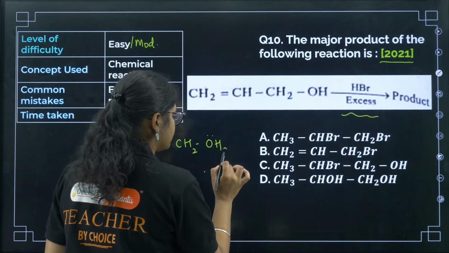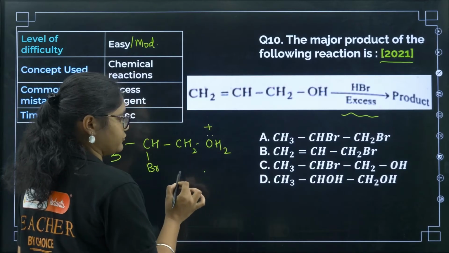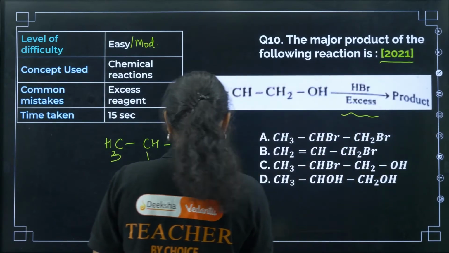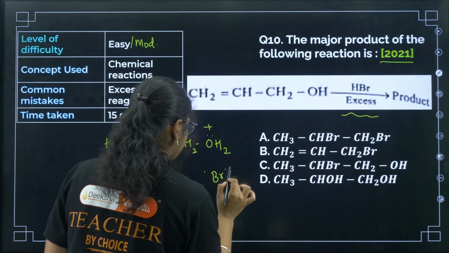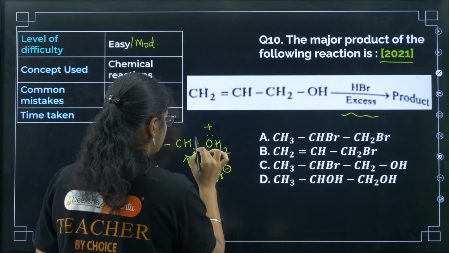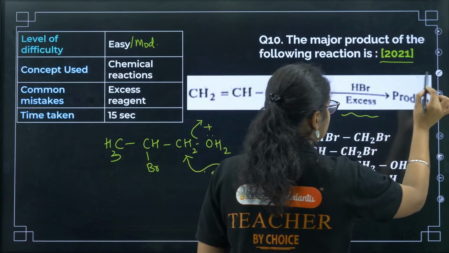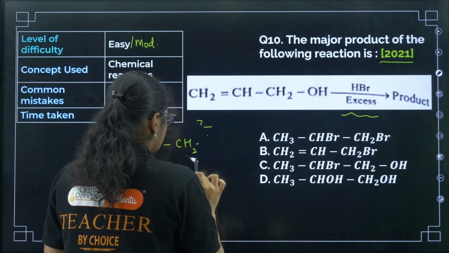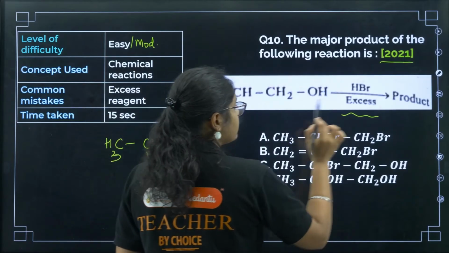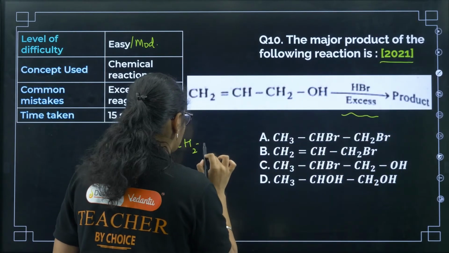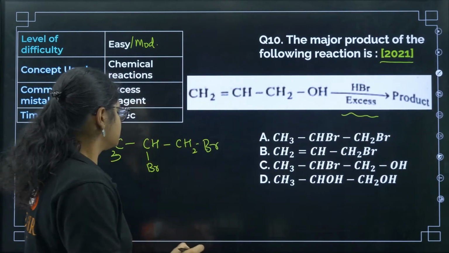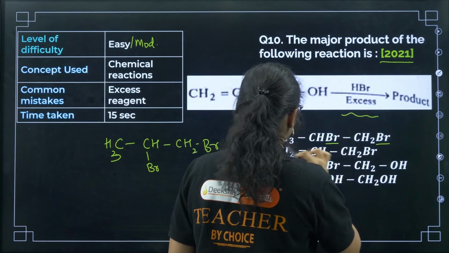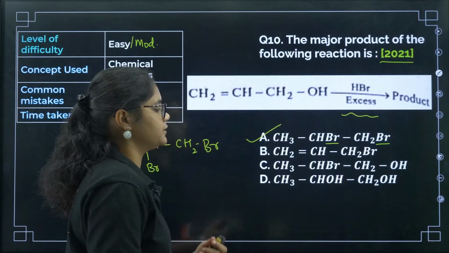This OH will get protonated to give O plus H2, and after that Br minus attacks this one, O plus H2 goes out, so we will get Br here. So 1, 2, 3, we will get 2 Br positions. So the correct answer is option number A.